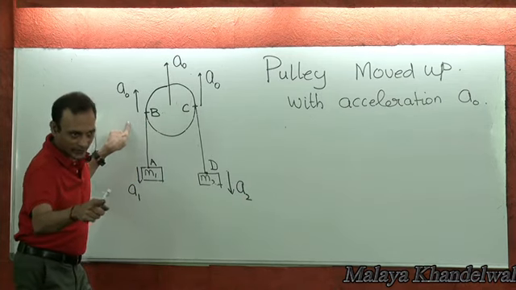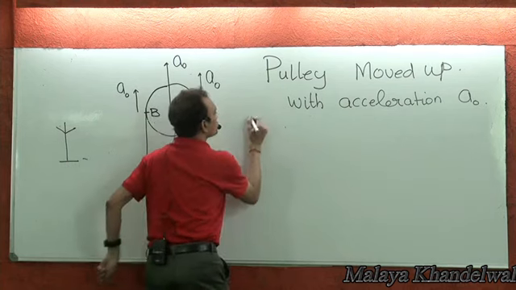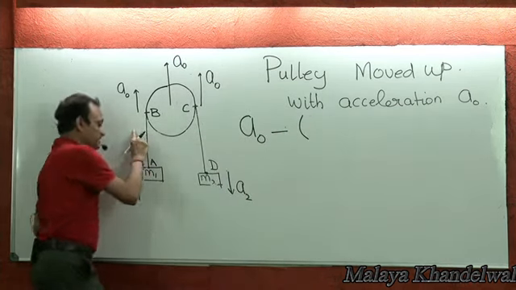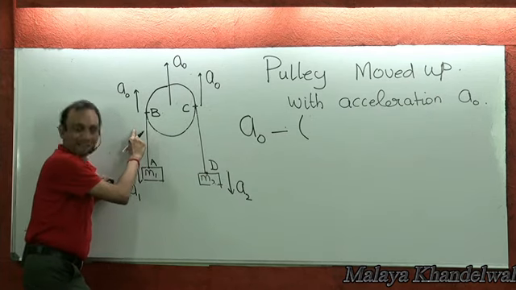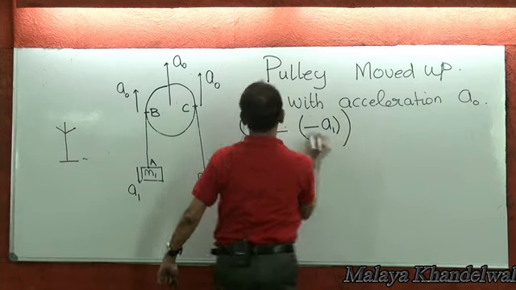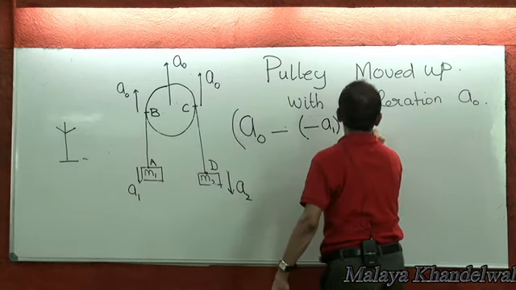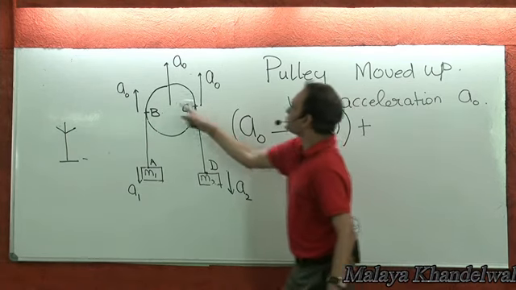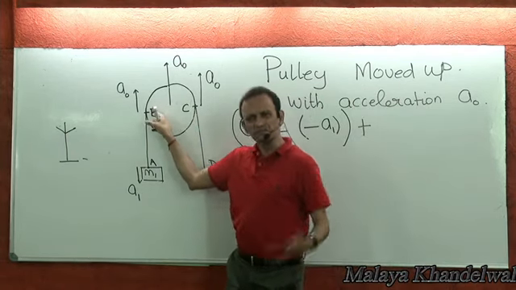Yes or no? Right? So that's going to be A0 minus acceleration of A in this direction is going to be minus A1. Precisely. Very good. Minus A1. Plus I don't have to bother about this fixed segment.